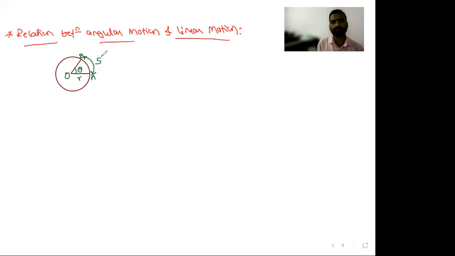Can you tell me what is s? s is the linear displacement. Can you tell me what is theta? Angular displacement. Correct? We will see the relation between these two. All of you draw this diagram and write down this point.